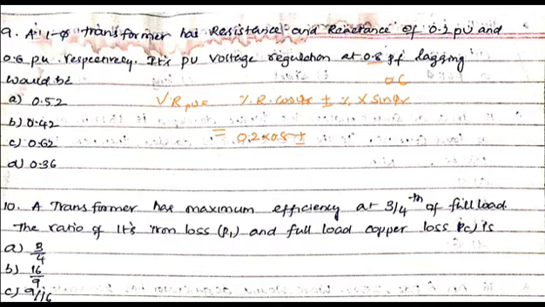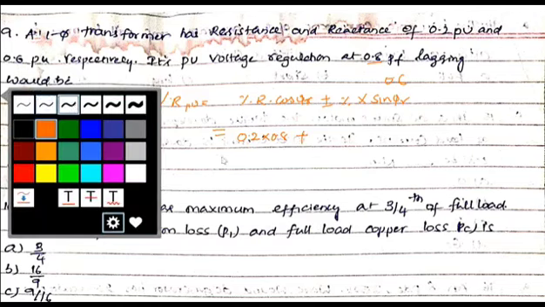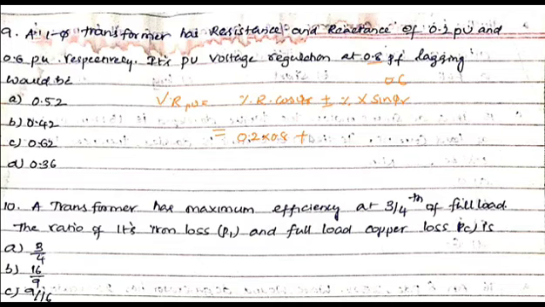They are asking for lagging, so lagging means automatically there will be a plus sign here. And the x value will be 0.6 into 0.6. Once you do the calculation, you get the answer as 0.52 per unit. Answer will be A here.